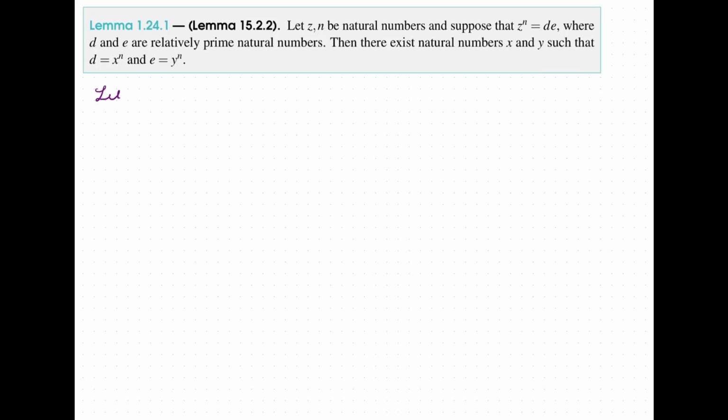So let us go ahead and take z to have the following prime factorization. This will be the product from j equals 1 through r of p sub j to the a sub j, where each p sub j is a distinct prime.